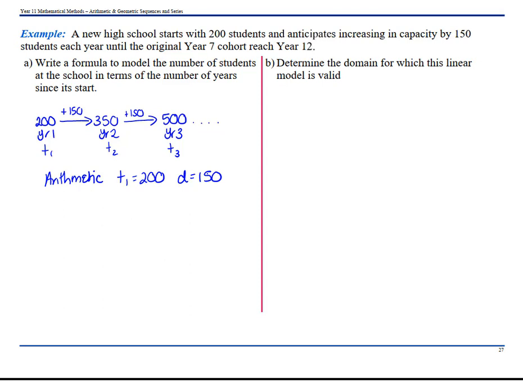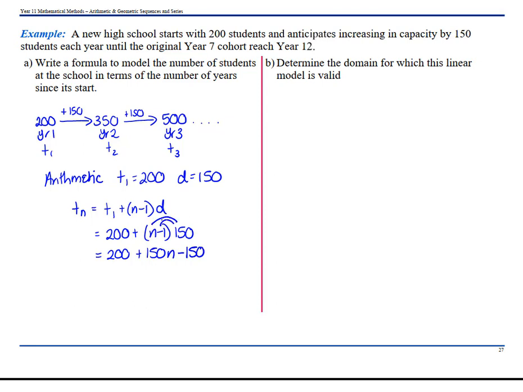Now it says write a formula to model the number of students at the school in terms of the number of years since start. So T of N equals T1 plus N minus 1 times D. So that's going to be equal to 200 plus N minus 1 times 150, which is 200 plus 150N minus 150.